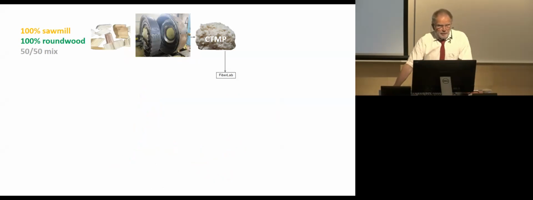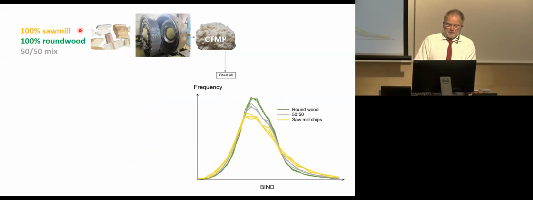So then we also ran with the Skoghall mill, the CTMP, this trial with different proportions of different chips. We went like this, and then we got the bond distribution versus frequency. And you can see when we varied here, the different graphs are different energy input in the refiner, but it doesn't matter much.